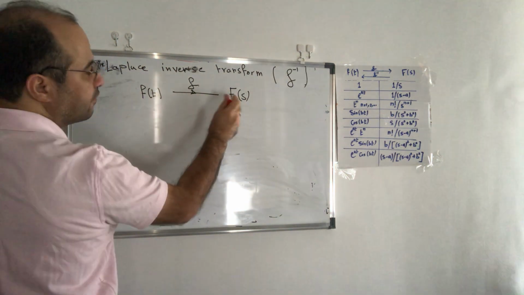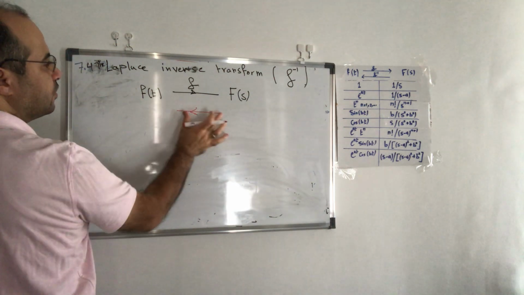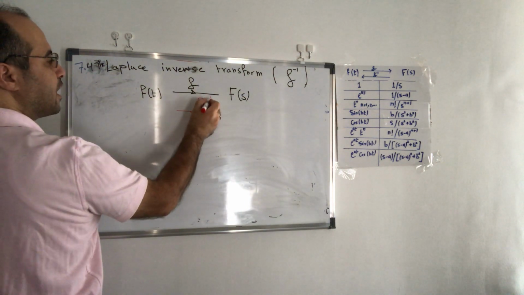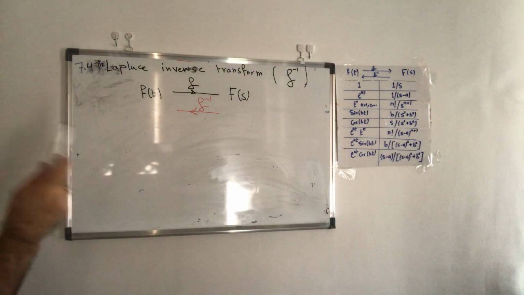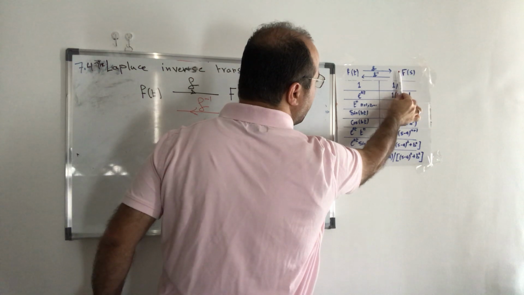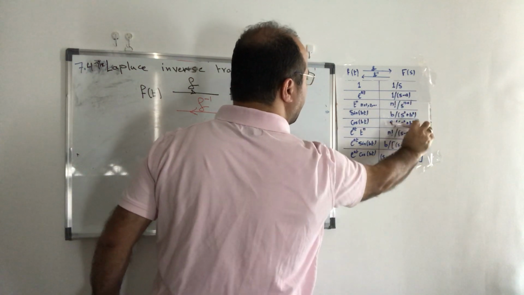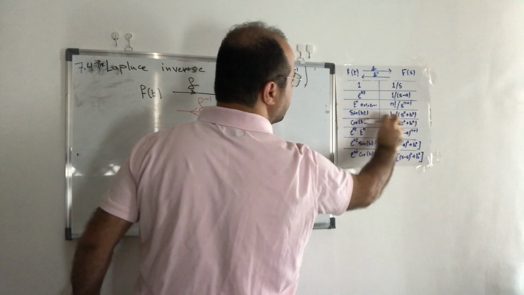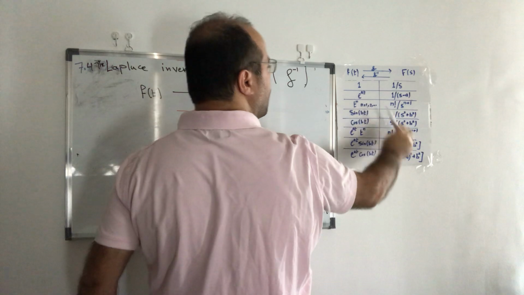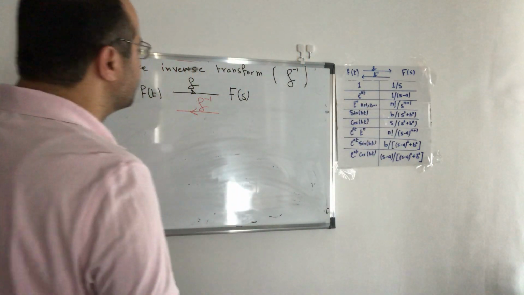I give you F of s now, and I ask you to go back to f of t, and you do that using the Laplace inverse. In other words, I will give you a fraction from column number 2 in table 7.1, and I ask you to give me the function of time. So I give you any of these fractions or something close to them, and I ask you for the function of time.